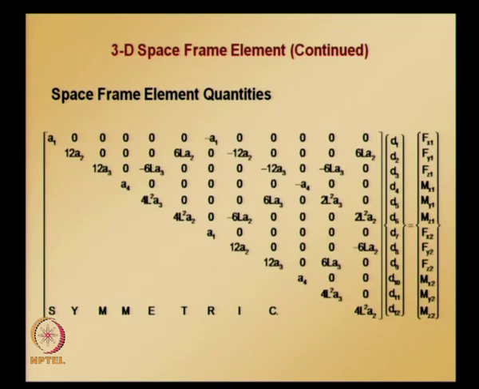And here if you see, the displacement vector has all the degrees of freedom from all the 4 effects, and the force vector has the corresponding forces due to all effects, and this is similar to the 2D plane frame element equation, except that bending about 2 planes is considered here and torsional effects are also considered here.